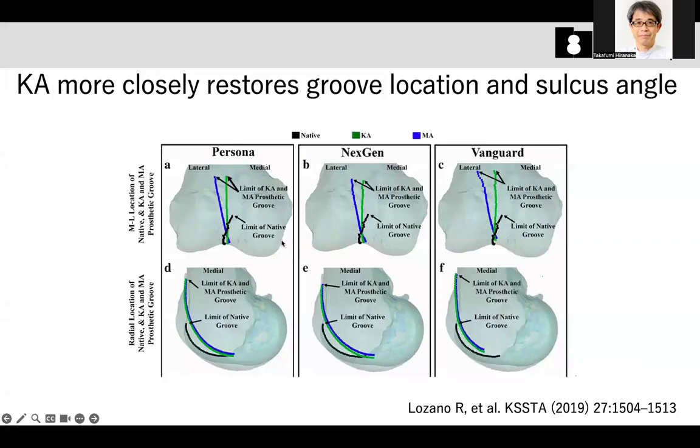This one is MA and this one is KA. And this is Persona, NexGen and Vanguard. So the groove lines are closer to the KA side. This is the anatomical study.